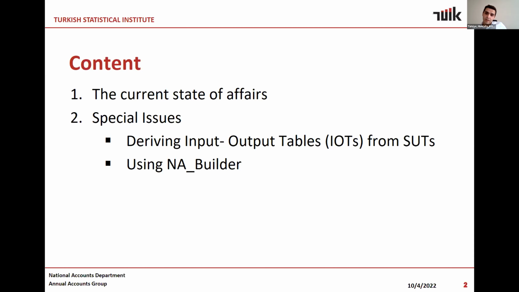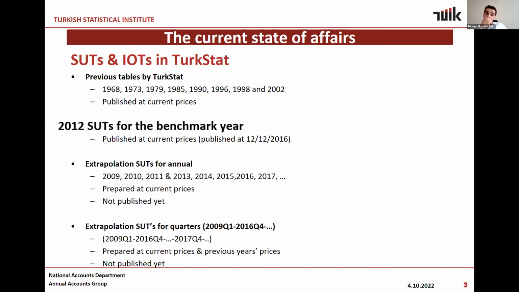Firstly, I want to show you our current situation about the SUTs and IOTs. We have the benchmark year for the SUTs, 2012. This table was published at current prices in 2016.